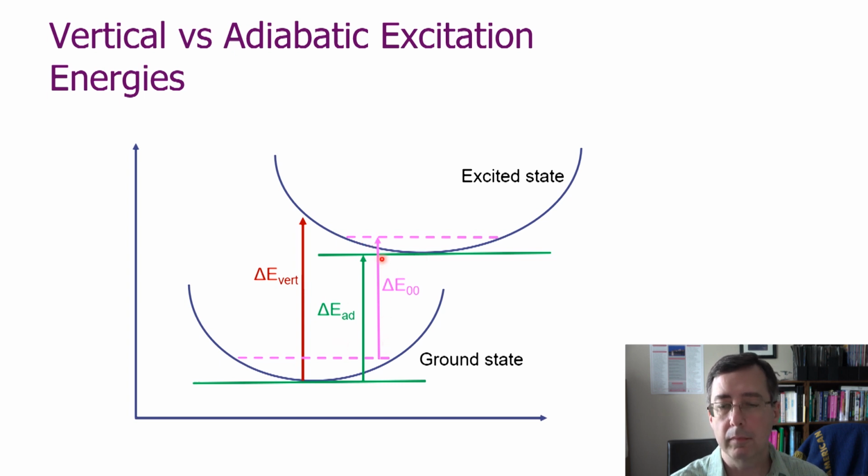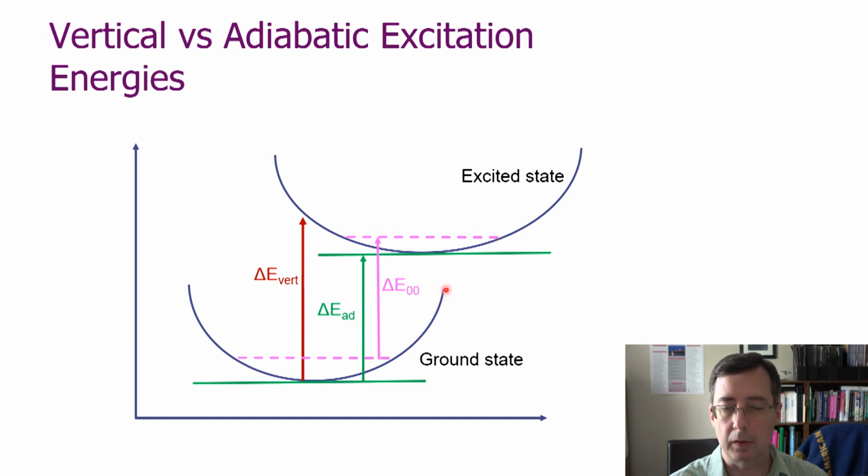And then I also have one more energy difference here in pink. That's delta E00. That's the energy difference between the 0-point vibrational level of the ground state and the 0-point vibrational level of the excited state.